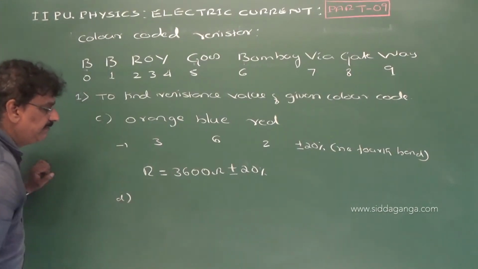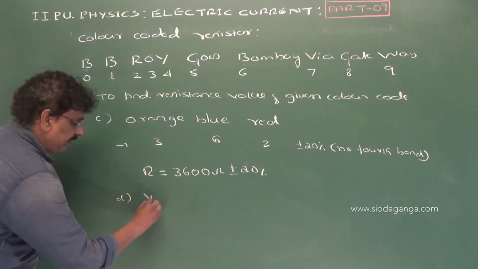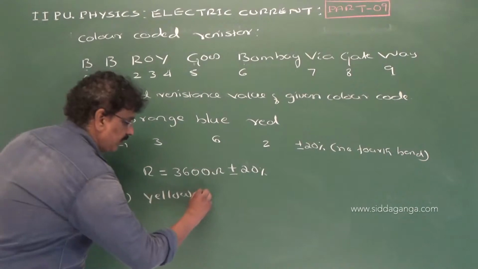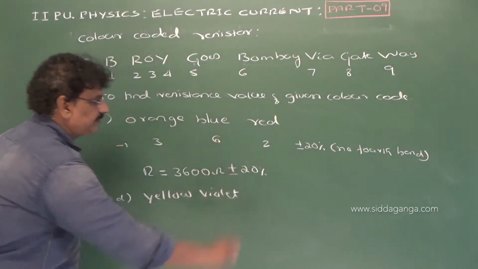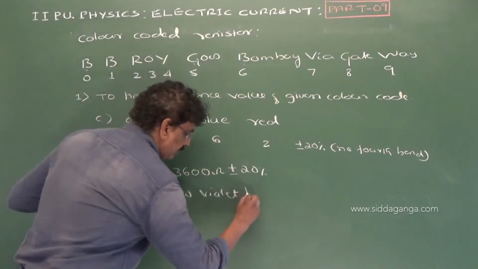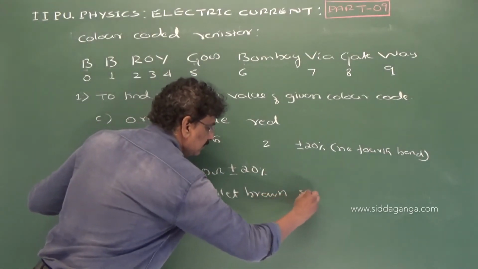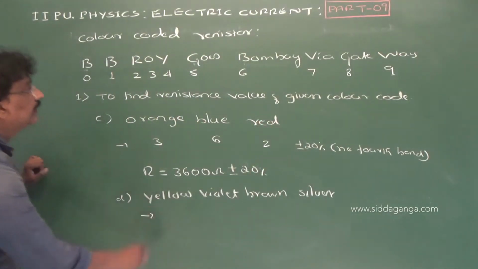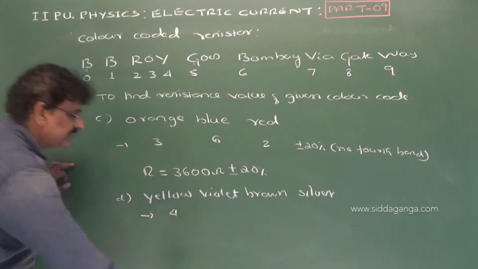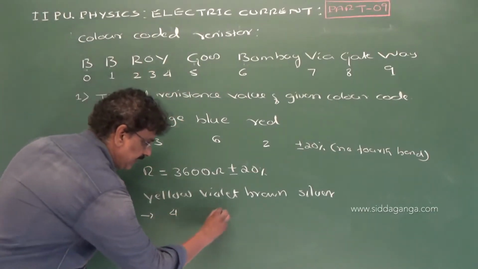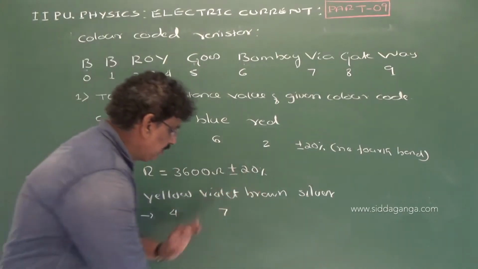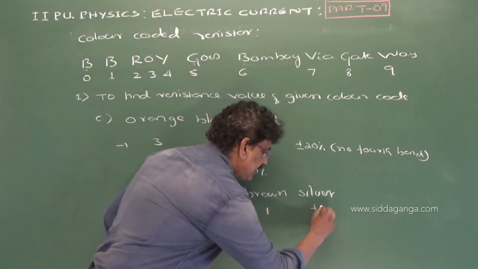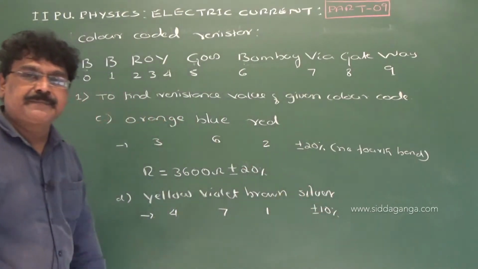Now D, if we take, right, yellow, right, violet, brown, silver. Now yellow represents 4, violet represents 7, brown represents digit 1, and this is plus or minus 10%.